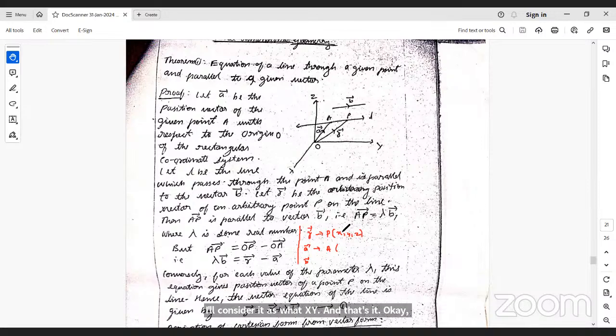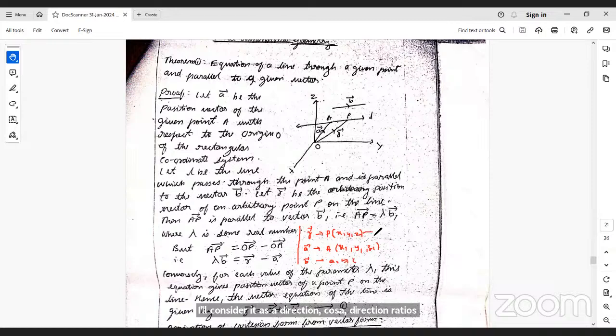Similarly for the point A, I'll consider it as x1, y1, and z1. And for this B vector, I'll consider it as a, b, c, and these are the direction ratios of the vector.